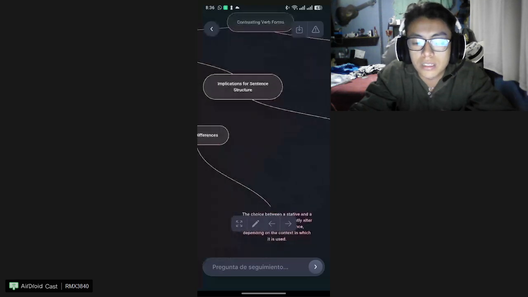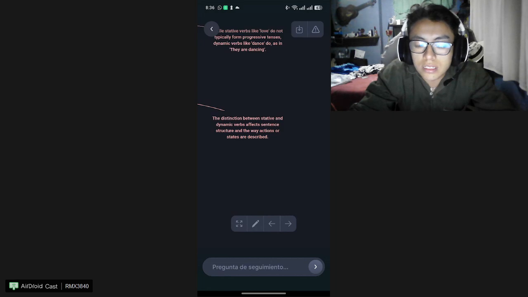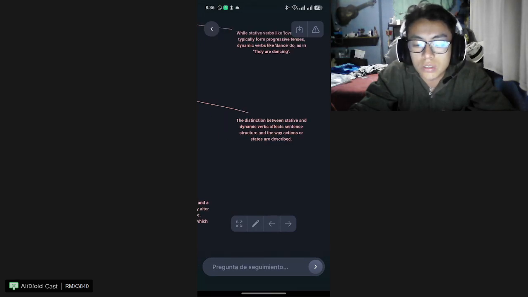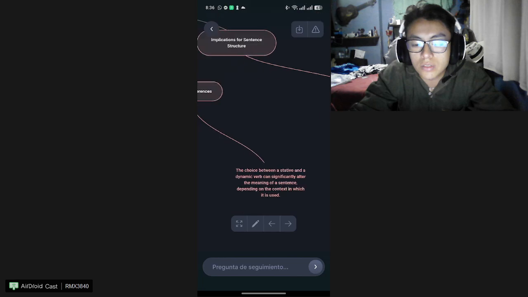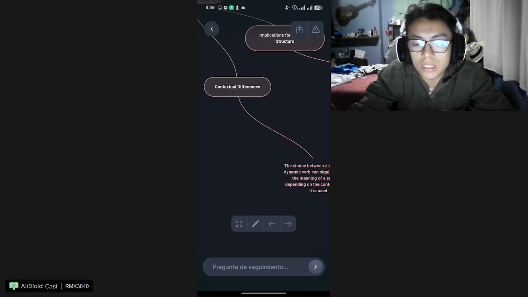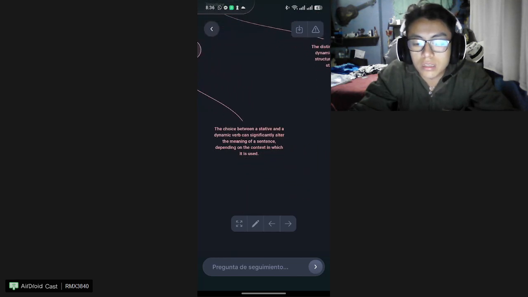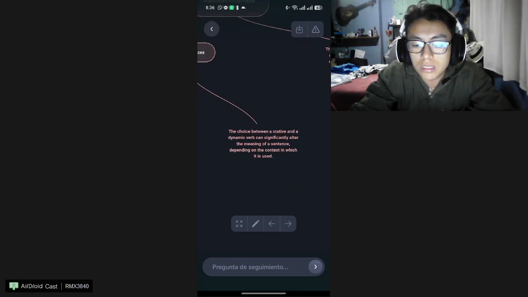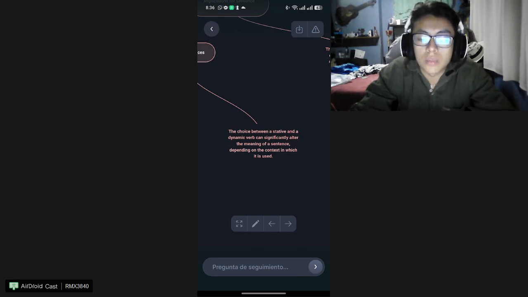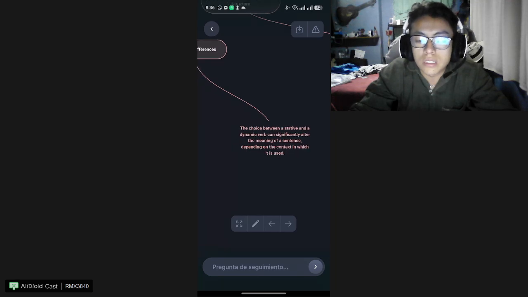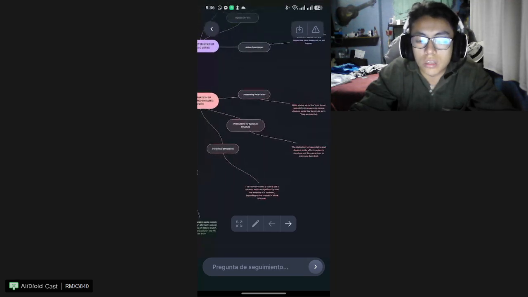Implications for sentence structure: the distinction between stative and dynamic verbs affects sentence structure and the way actions or states are described. Contextual differences: the choice between a stative and dynamic verb can significantly alter the meaning of a sentence, depending on the context in which it is used.